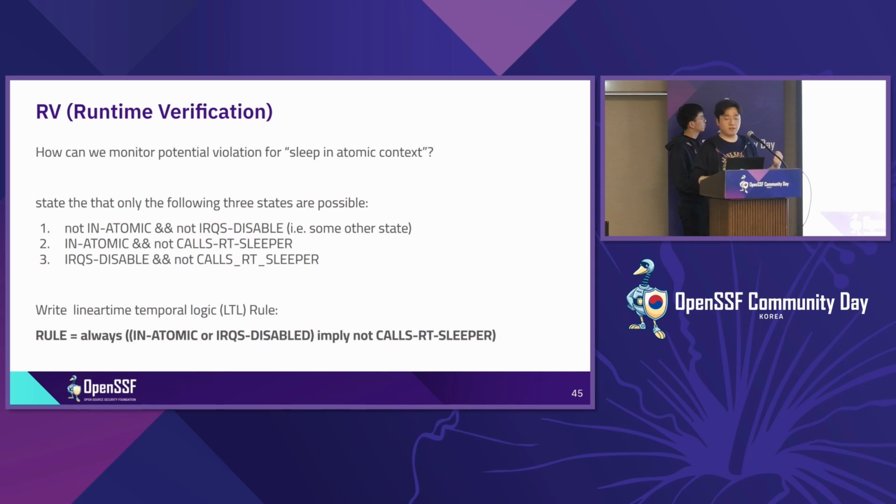Using linear temporal logic, LTL, we can formally express this as a rule, with some coding in the kernel module for RV, allowing the kernel to detect violations at runtime from our LTL definition while preserving real-time constraints. So I will hand over to Shung-Hsi again to give the presentation.